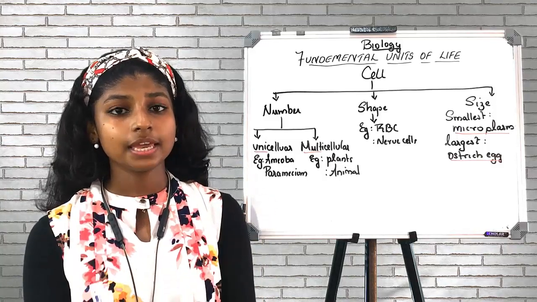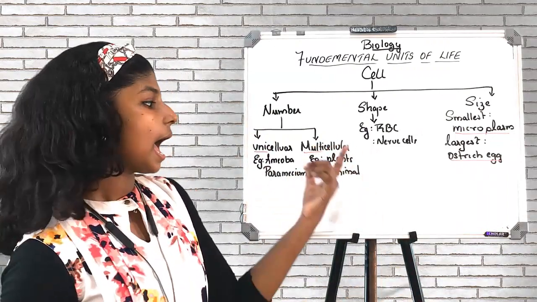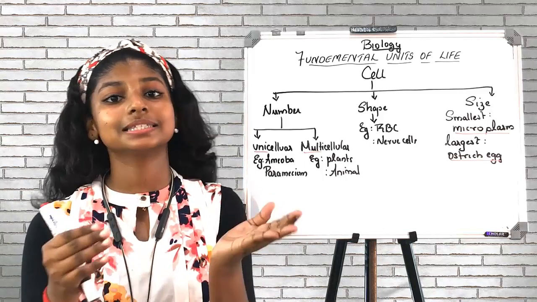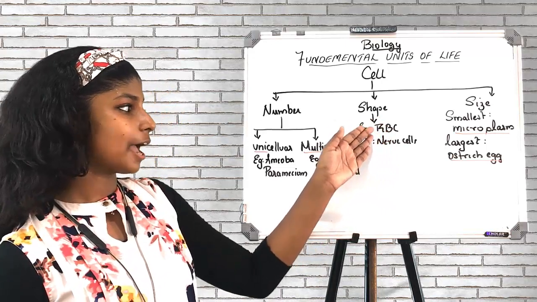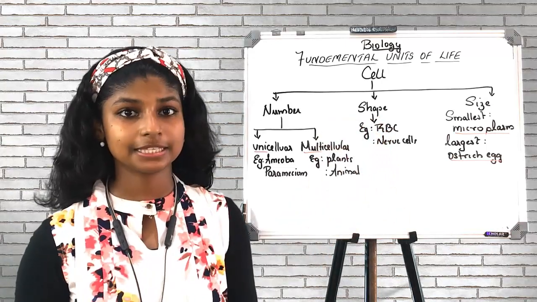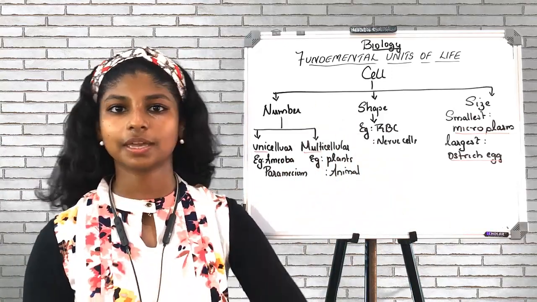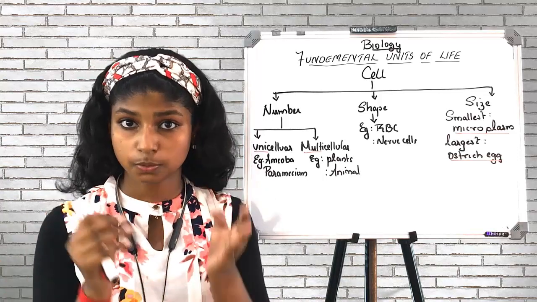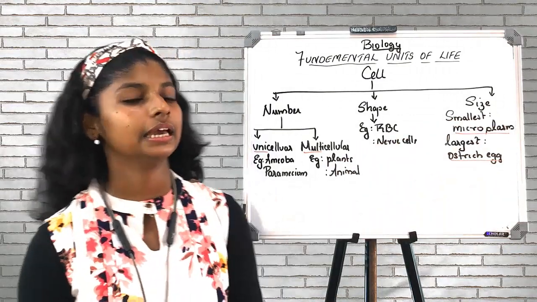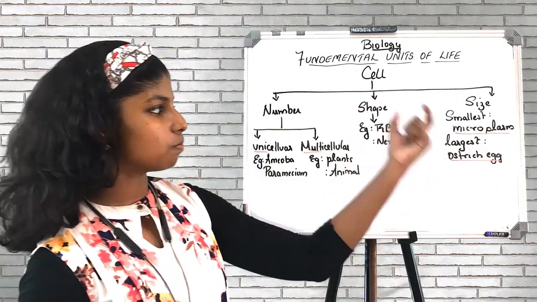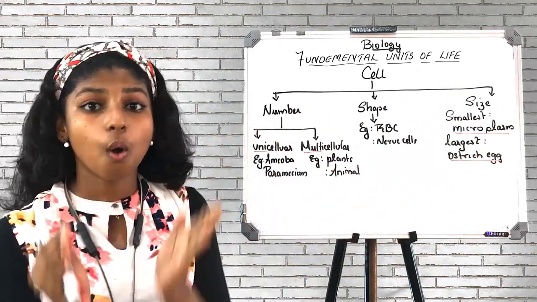Multicellular means a body having one or more cells, and examples are plants and animals. According to the shape, we have RBC, nerve cells, and smooth muscle cells. According to the size, the smallest is the mycoplasma and the largest is the ostrich egg.